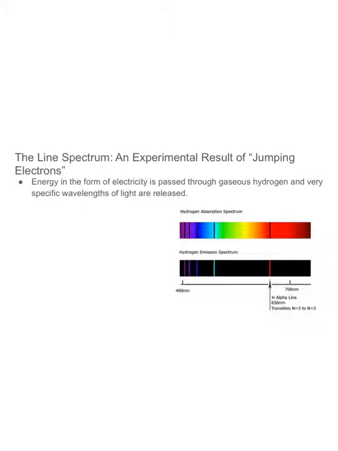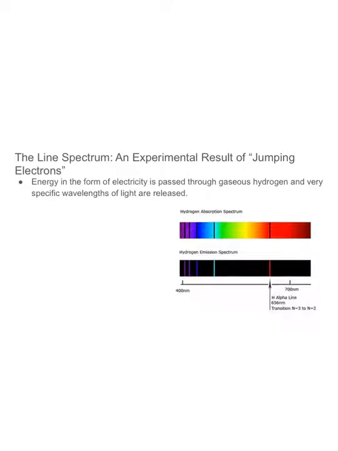What the photoelectric effect gives us is the line spectrum that we can identify very specifically for each element. So the first element that this was observed with and documented through experimentation was hydrogen.